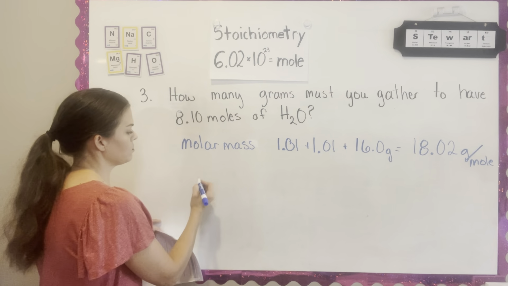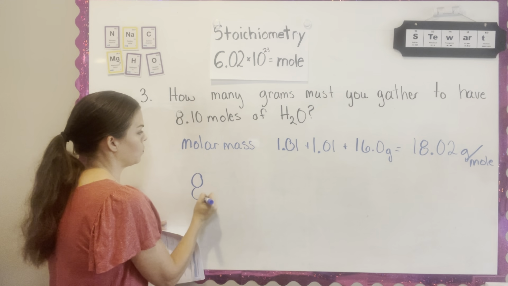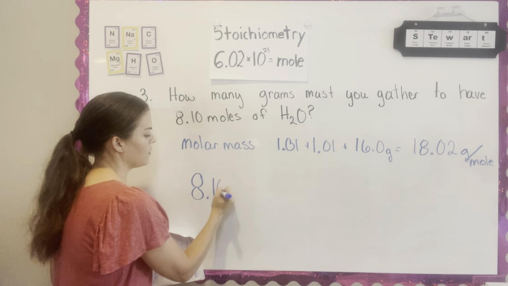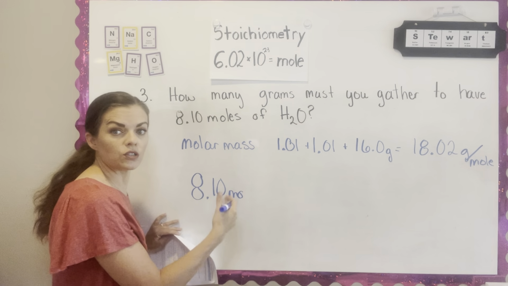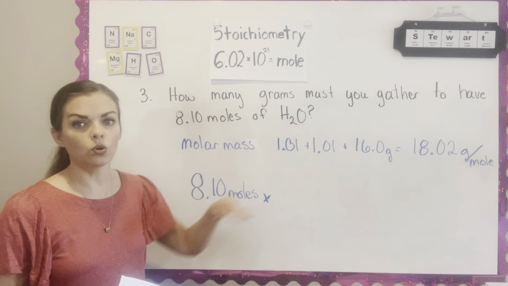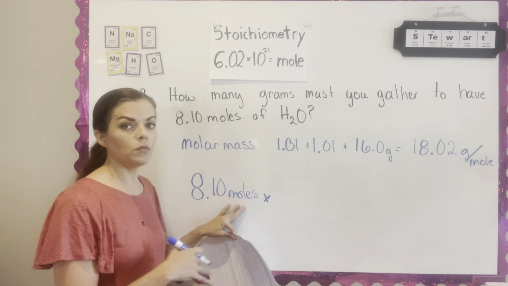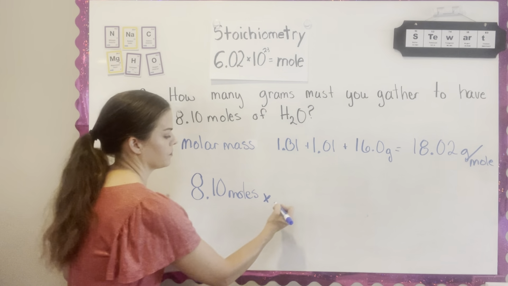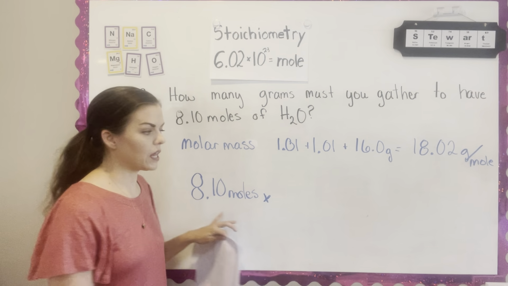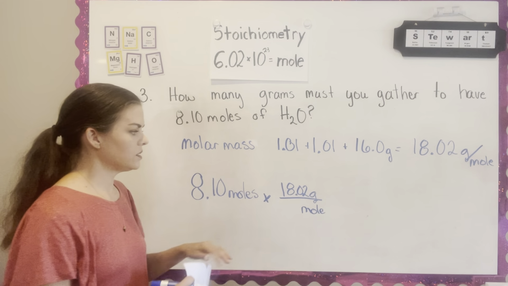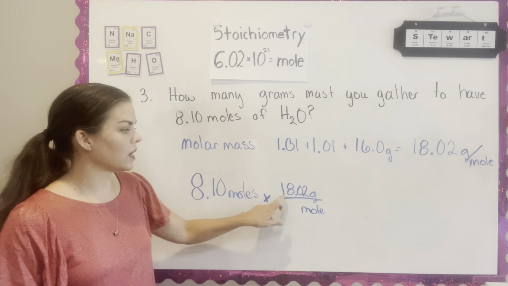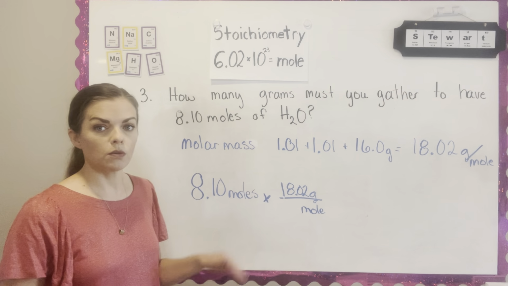So I'm going to write what I'm starting with, which is 8.10 moles. And it's very important to keep your units as you're doing this. Now I'm going to use this molar mass, which is a ratio of grams to moles, to convert from moles to grams. I want moles to cancel out, so I'm going to put it on the bottom. And so I'm going to use the conversion factor 18.02 grams per mole.